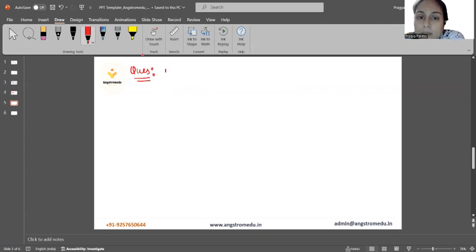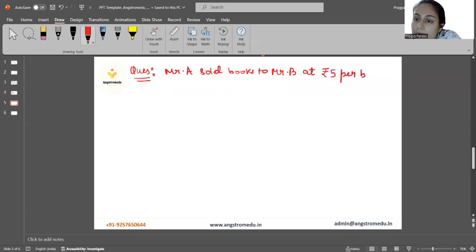Let's say Mr. A sold books to Mr. B. So there are two persons, A and B, and A is selling to Mr. B. Okay, so Mr. A sold 10 books to Mr. B at 5 rupees per book.